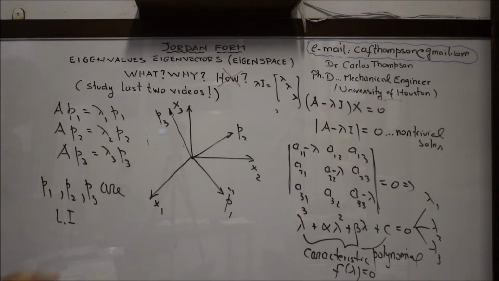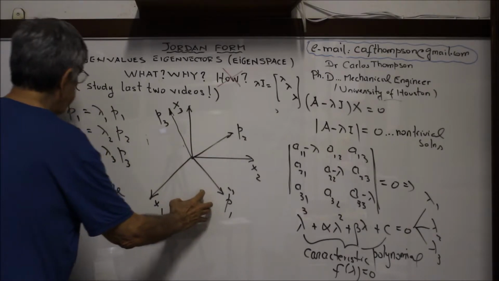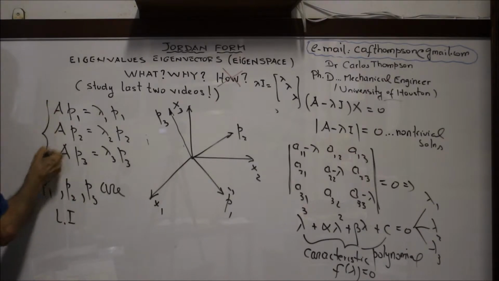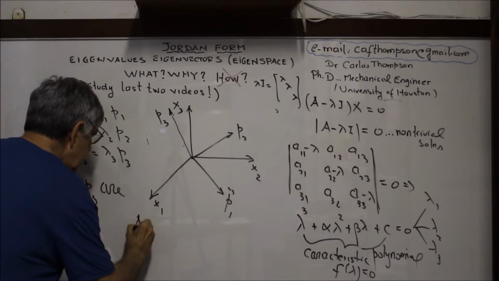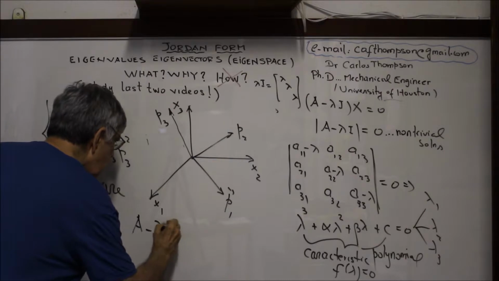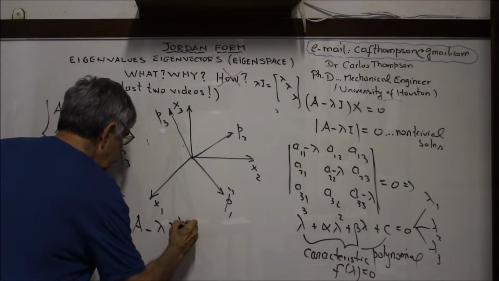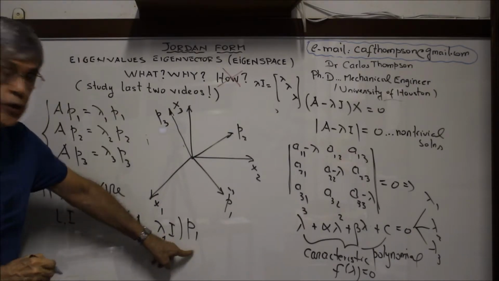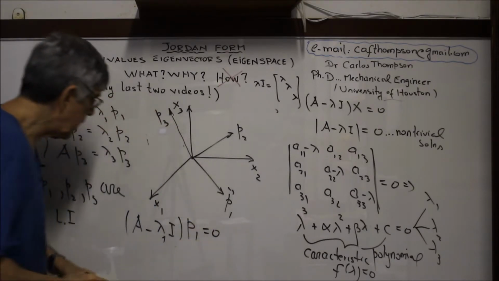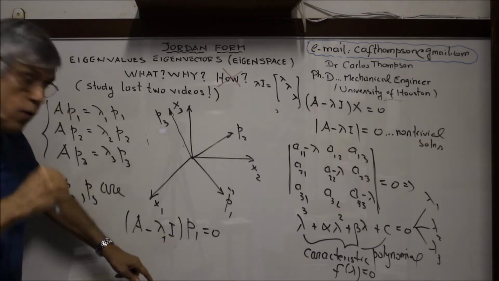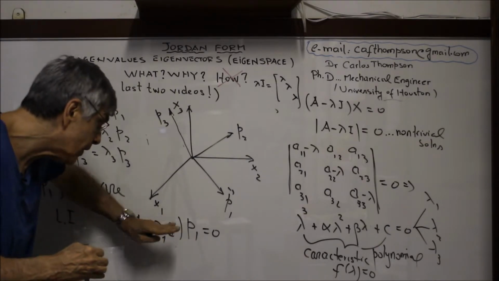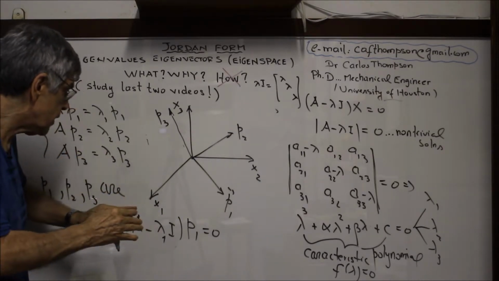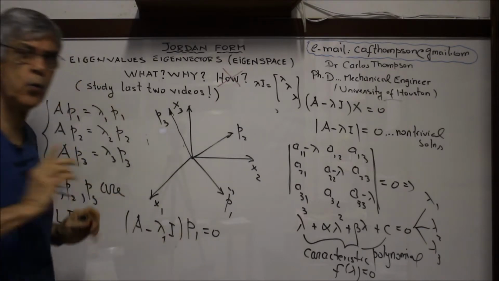Now, what are P1, P2, and P3? Look how I'm going to write here: A minus lambda 1 I, P1 is equal to 0. This is one equation. Here I will solve for P1, but I don't want to solve it for P1. What I'm doing here is just knowing that there is P1.